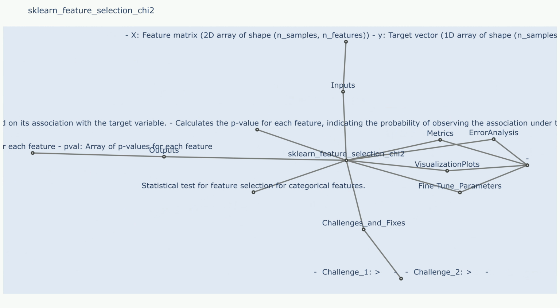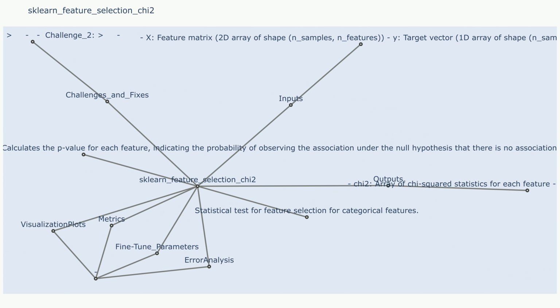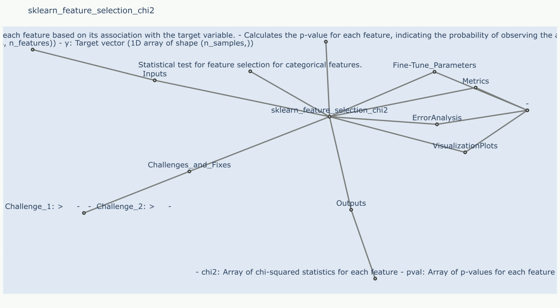Steps: calculate the observed frequencies for each feature and target value combination. Calculate the expected frequencies under the assumption of independence between the feature and the target. Compute the chi-squared statistic for each feature using the observed and expected frequencies.